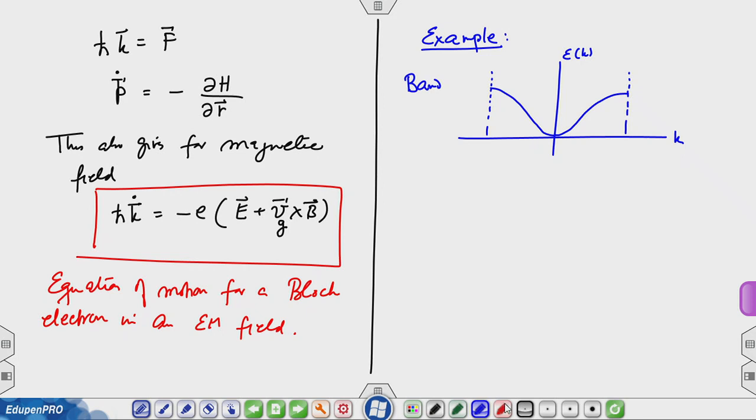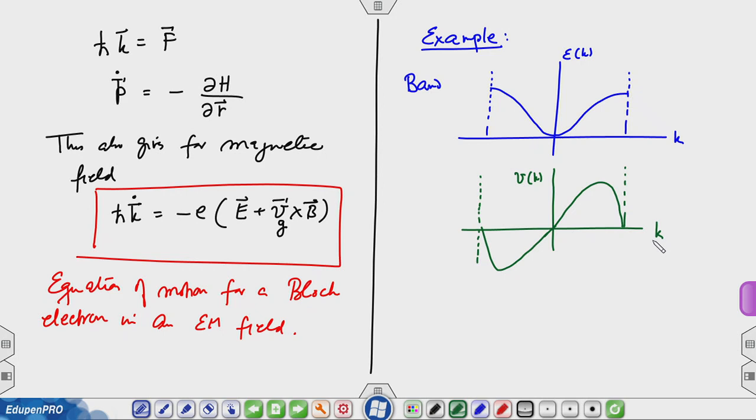Correspondingly, if I were to plot the velocity, the group velocity, that is the quantity which is meaningful, it starts with 0, has this linear behavior, goes up and then goes to 0. This is v k versus k. If I were to plot the same thing in the extended zone scheme, what will happen? I will make it small.